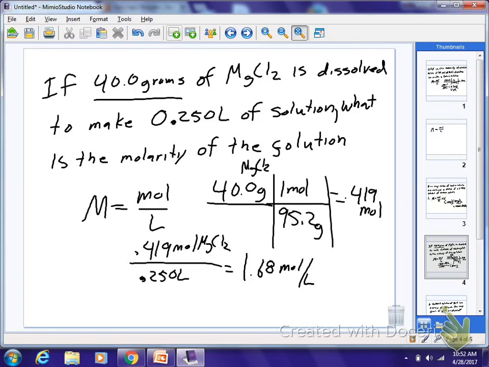Okay, number 4, you're kind of doing a reverse process and you have to find grams. Which part aren't you sure on? Why don't you go ahead and solve for the next one.